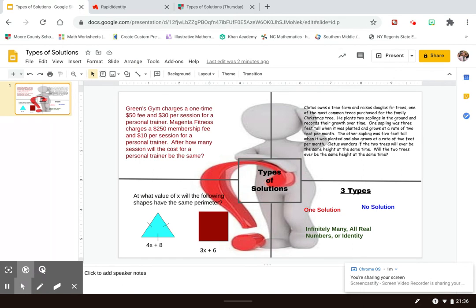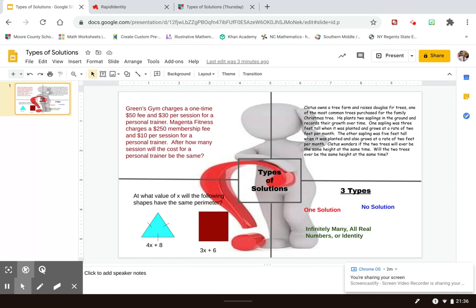All right, welcome back. We're going to start with the first one that says Green's Gym charges a one time $50 fee and $30 per session for a personal trainer. Magenta Fitness charges a $250 membership fee and $10 per session for a personal trainer. After how many sessions will the cost for a personal trainer be the same?